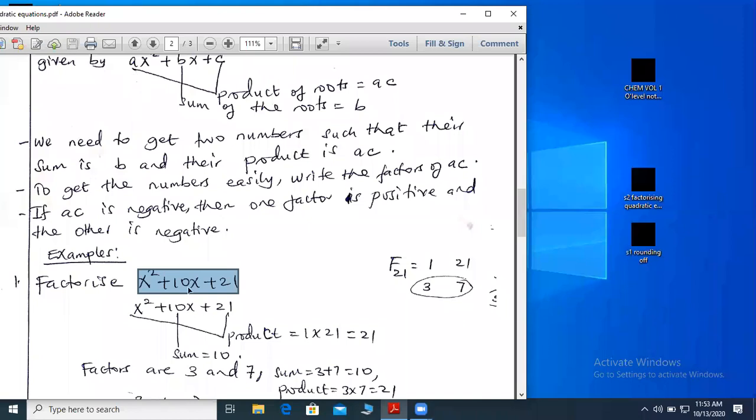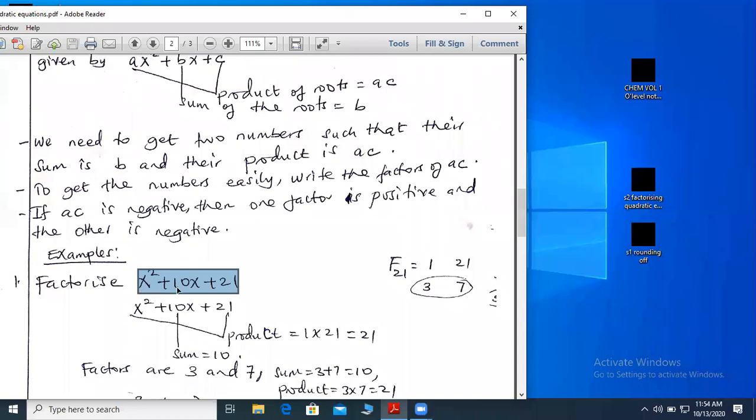Atamba, what is the value of a here? 1. Very good. It means that a is 1.